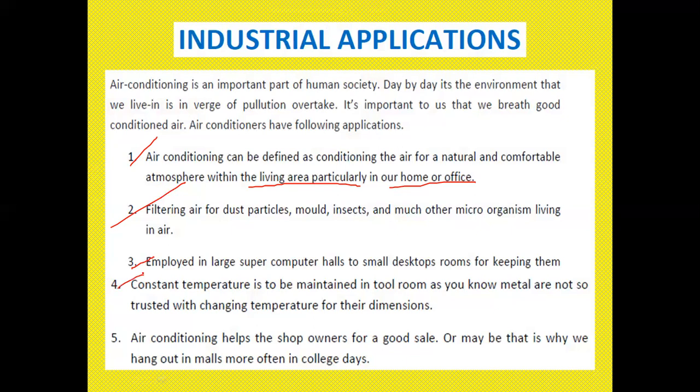Next, fourth point, constant temperature is to be maintained. What type of temperature? Constant temperature should be maintained in a tool room, as you know metals are not so trustworthy with changing temperature for their dimensions, right? Constant temperature should be maintained in any room.